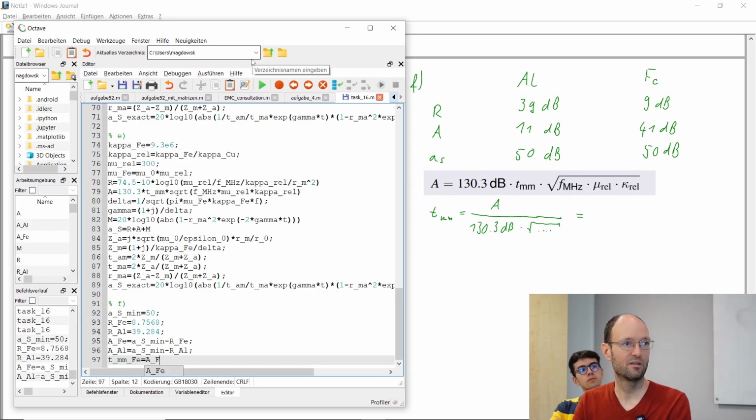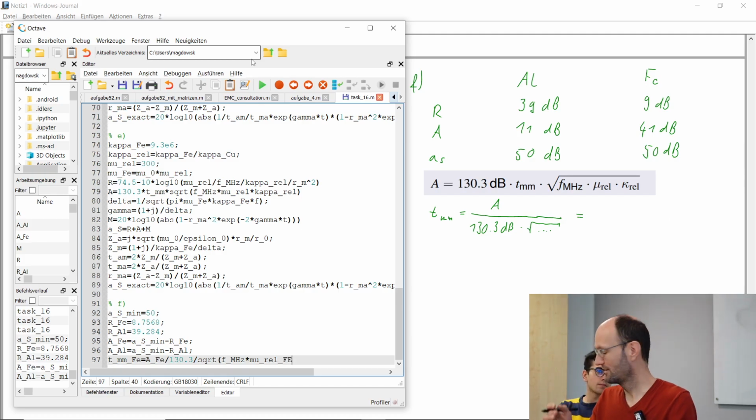It is the necessary absorption loss for steel divided by 130.3 and divided by the square root, and inside the square root there was the frequency in megahertz, and this should still be the correct value, the mu relative of iron. And now I need to take into account Francesco's comment, because this is not yet set, and the kappa relative of aluminum.